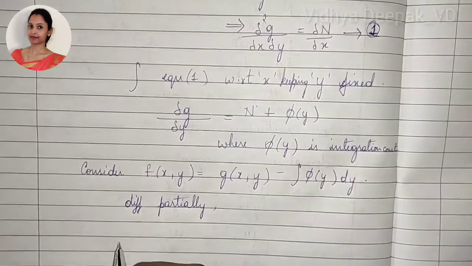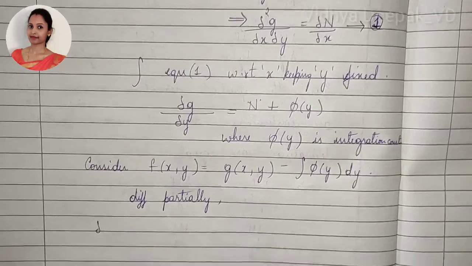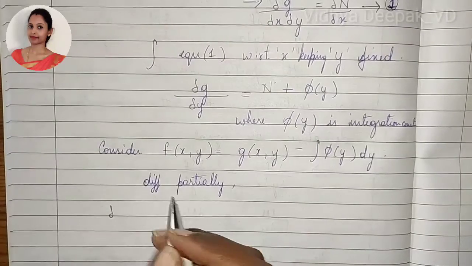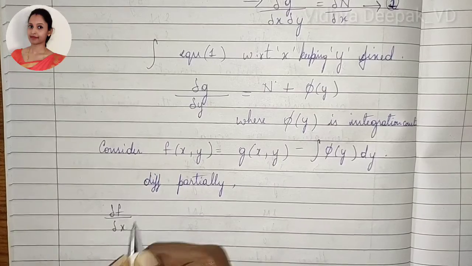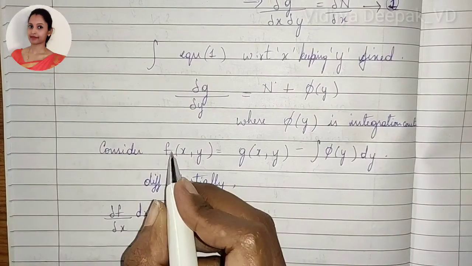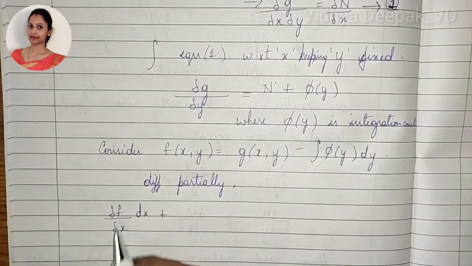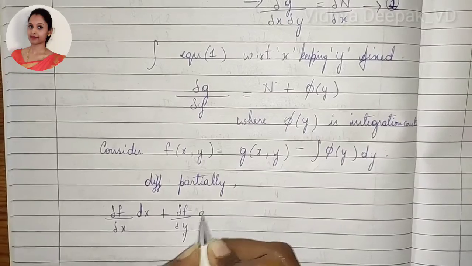After differentiating partially, what do I get? We saw that df is written as dou f by dou x dx plus dou f by dou y dy, right?